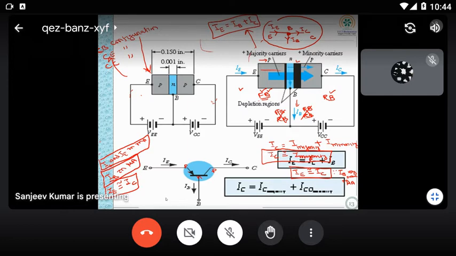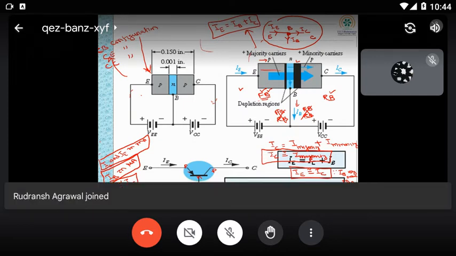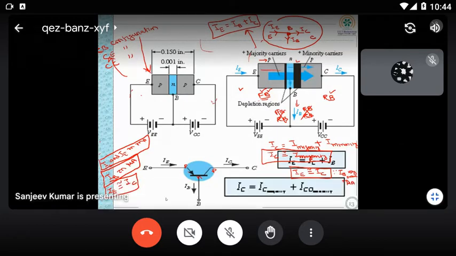So for the timing, you have to see that your IC current can be written due to majority carriers, which is the maximum current you are obtaining, and ICO, which is the leakage or reverse saturation current, is minimum.